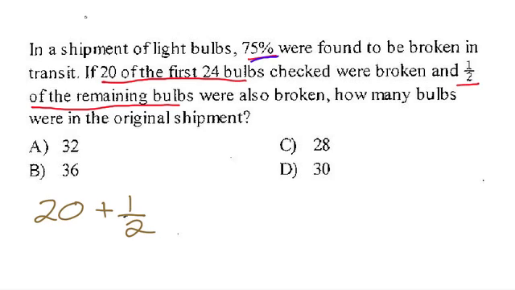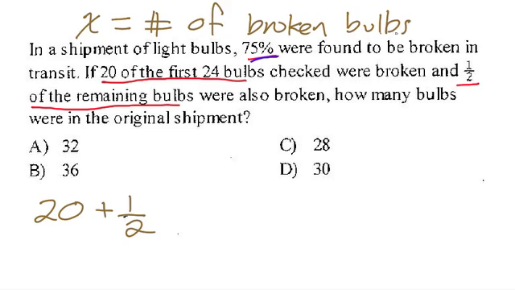So the key step for me was to say let x equal the total number of bulbs. Then the remaining bulbs will be the total minus the first 24, because we already checked those.